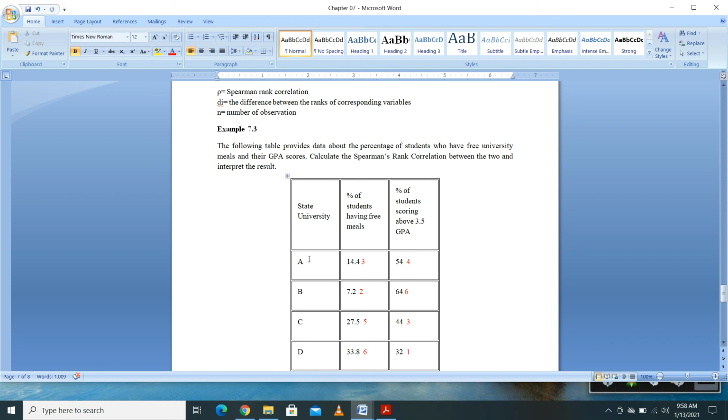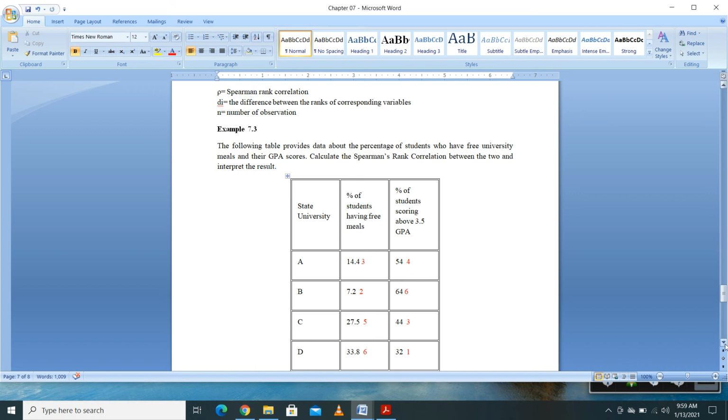See, you have the university name, the percentage of the students who are having free meals, and the number of students who have scored above 3.5 in their GPA. That is, if you take university A, 14.4% of students are having free meals, and 54% of students have scored above 3.5 for their GPA.